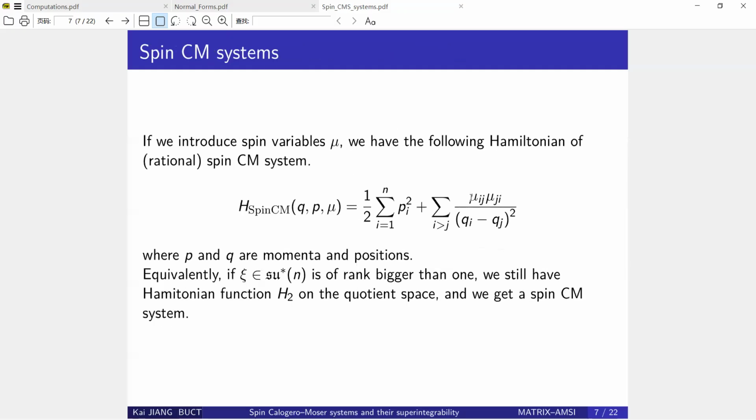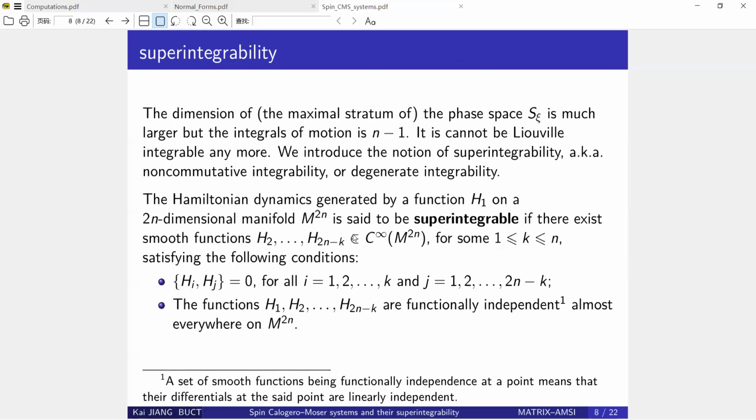But the phase space grows bigger. The dimension is bigger because we have more variables, which we call spin variables. So it is no longer Liouville integrable. So we should introduce superintegrability. It means we do not have enough.